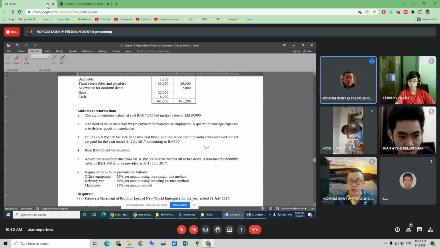Now, a quarter of carriage expenses is to deliver goods to the warehouse. Goods to warehouse means related to the purchases, so it's carriage inward. A quarter, we divide by 4.